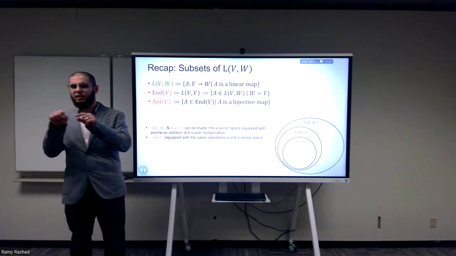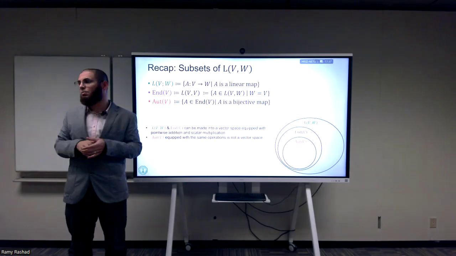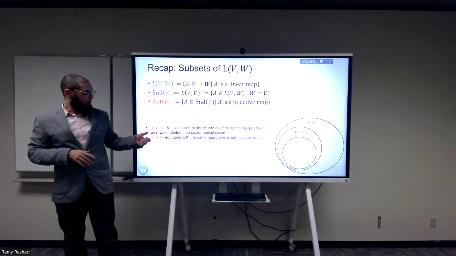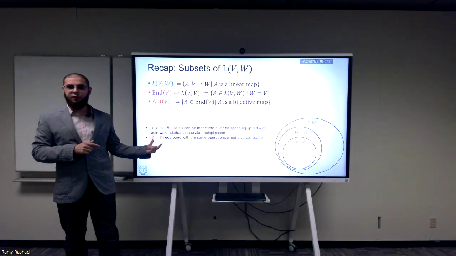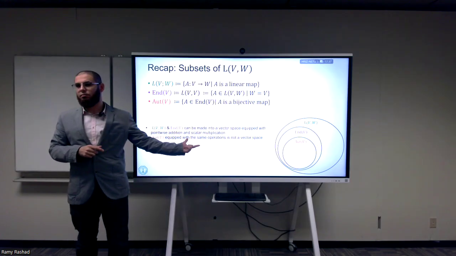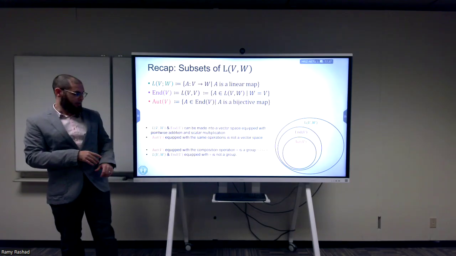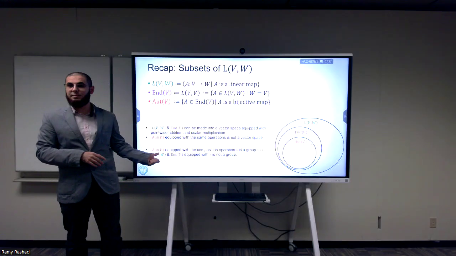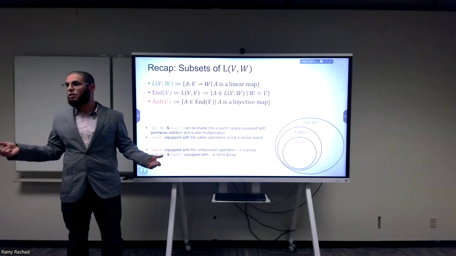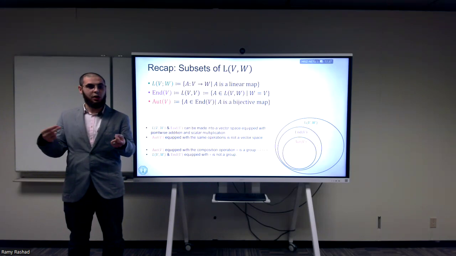If you remember, we needed to go inside of every point; this is how we defined it on the maps themselves. And I told you that the automorphisms, if you give them the same operations, is not a vector space. You remember that? This is in general true, abstractly. And we said that because the automorphisms are a set of maps, there is one operation that we know, where we can take two maps and give a new map, which is the composition.